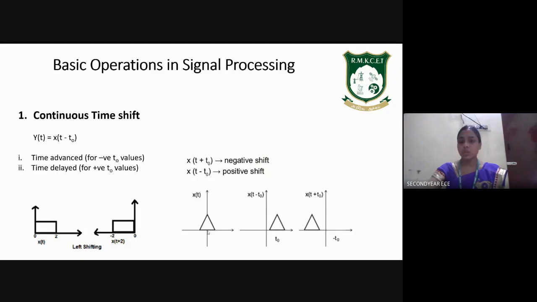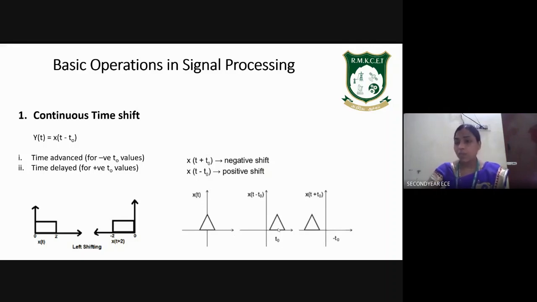Now we are delaying by t naught. At time t naught, now we have maximum amplitude. It is called a delayed signal. Instead of having the maximum at time t equal to 0, we have the maximum value at time t equal to t naught.